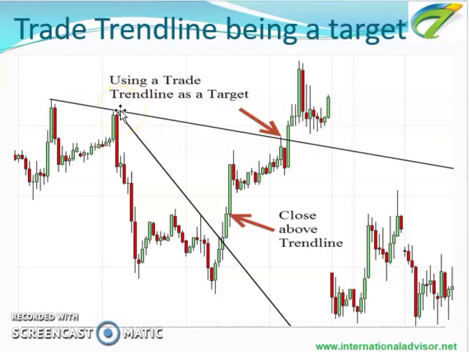The more reasons, the more logic we have, the more sense it makes to enter any trade or take profit likewise. So this is the trade trigger, and this is the target, because this is anyway a resistance line as well, which is in between these 2 points. So likewise we have to be a bit flexible while choosing our target.